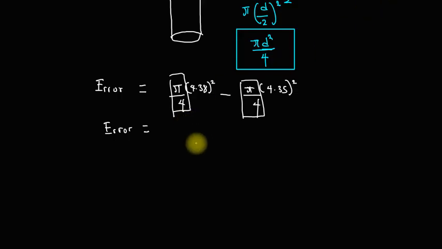So the square of 4.38 is 19.1844 minus 4.35 squared. 4.35 squared is going to give us 18.9225.